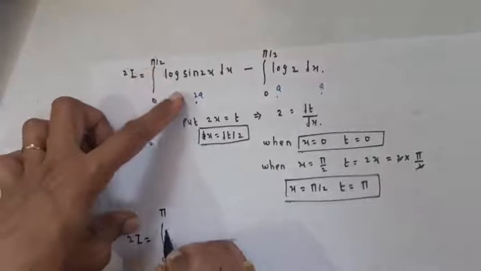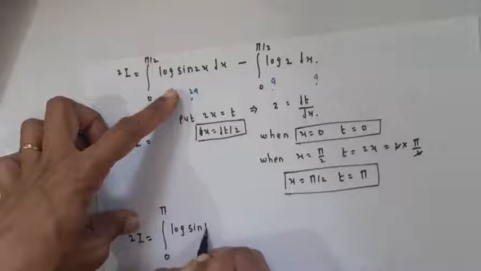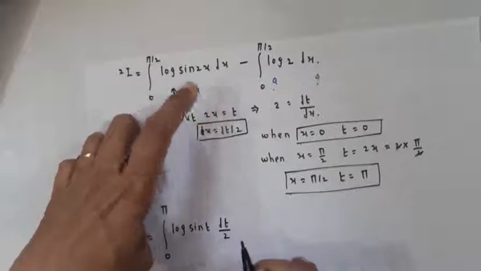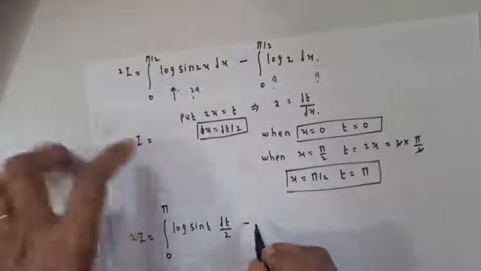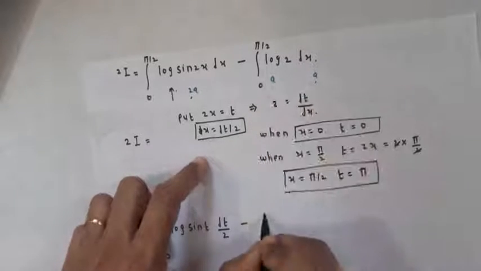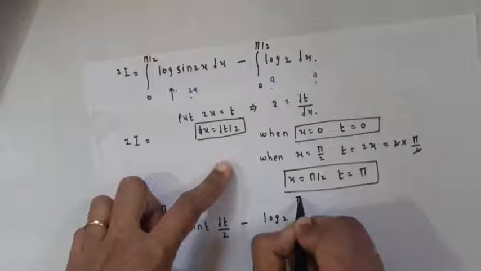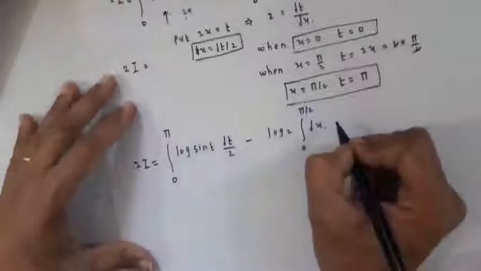That's why it's 0 to pi of log of sine of t, and the value of dx is dt upon 2, minus log of 2 as a constant, 0 to pi by 2 integration with respect to x.